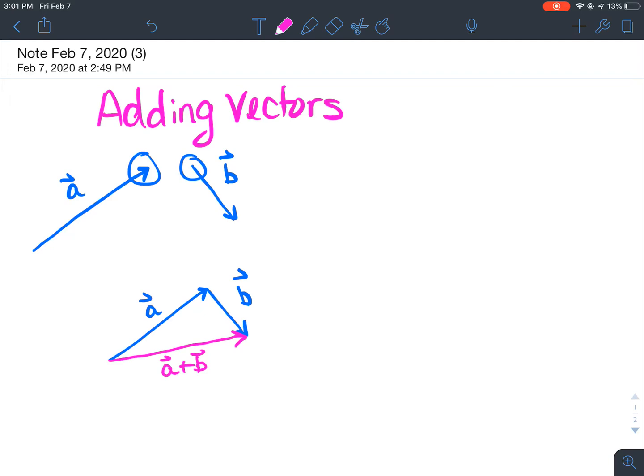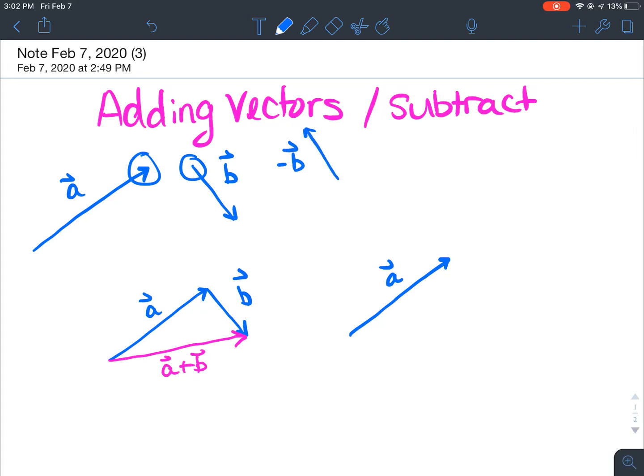Let's say we want to subtract vectors. Instead of subtracting vectors, we actually add the opposite vector. So we would take vector A, and to subtract vector B, we would take the opposite vector to B and just add those vectors.